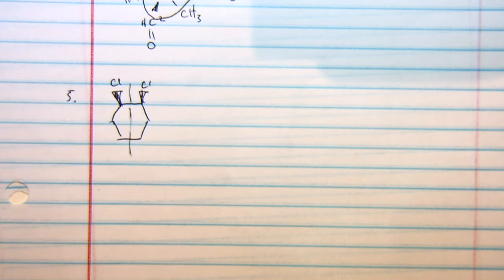Is choice 1 even chiral? Not really. It doesn't have 4 different substituents, so we can throw choice 1 out. What about choice B? Is there symmetry, and are they on the same? Yep. So choice B would be meso, and there's no other. There's not a 2, 3 option, so we can go with 5 being B.